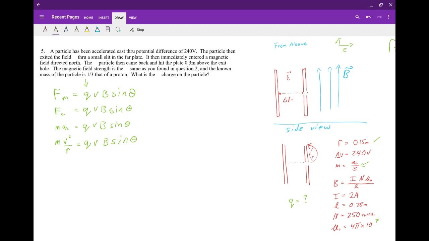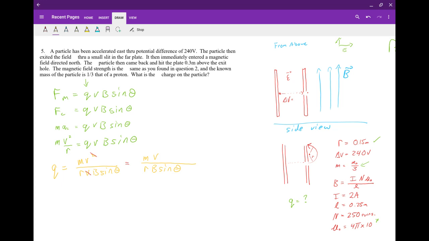Maybe I'll start this in orange, because I finally solved for q, which is equal to mv squared over r, and then I've got vB sine theta, right? Don't forget that this v will cancel with one of those, and so effectively what we're looking at here is mv over rB sine theta, okay?